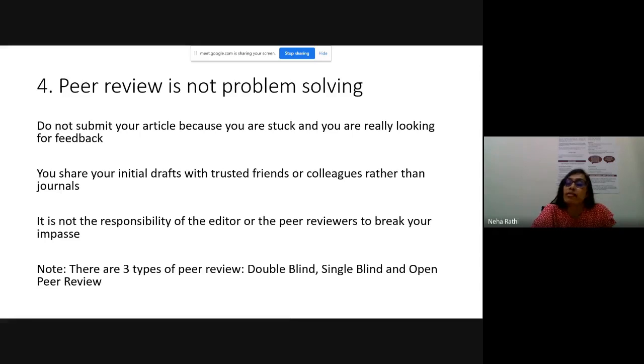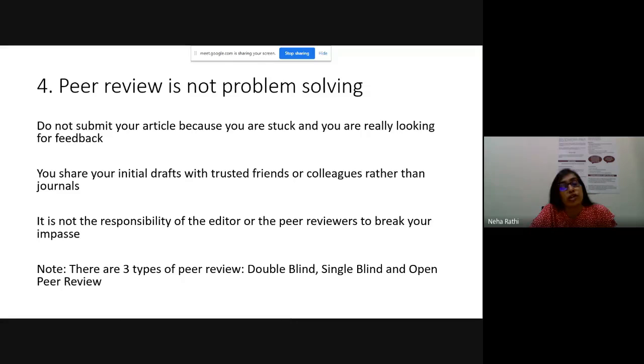When you write the manuscript, you don't write your name and your affiliation. No information revealing your identity is written, and the manuscript is submitted. When the reviewers review it, they send their comments back. The reviewers don't know your identity, and you don't know who the reviewers were. So you don't know who corrected it. Public Health Nutrition, for example, has a double-blind peer review policy.